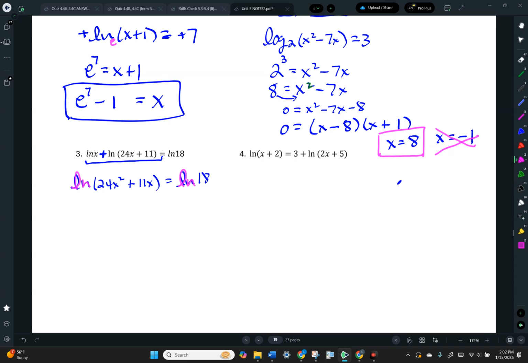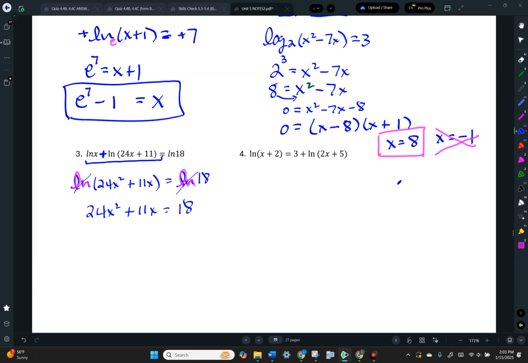If you have a log equals a log, you can automatically eliminate that part and then just say that what's inside the log, 24x squared plus 11x, has to equal what's inside the log on the other.